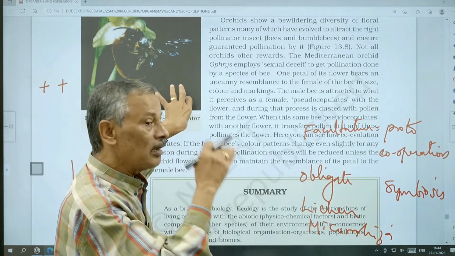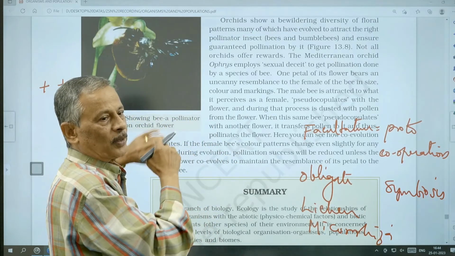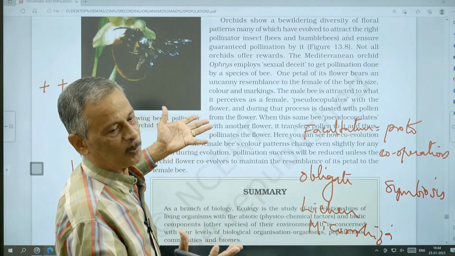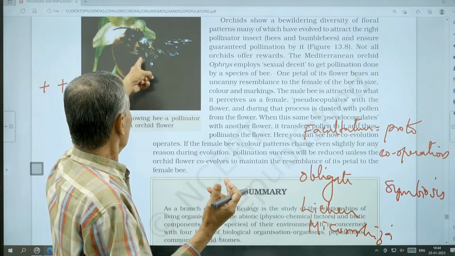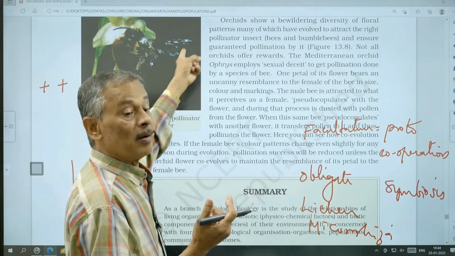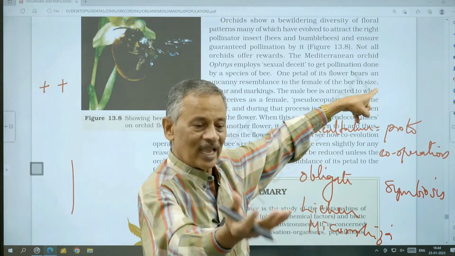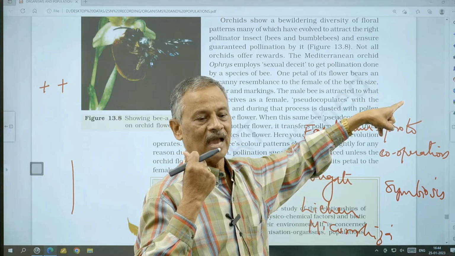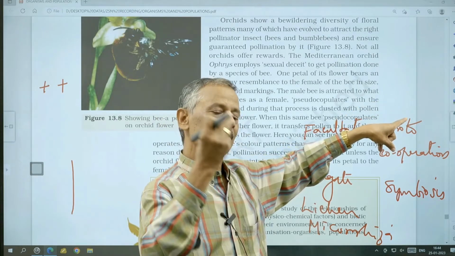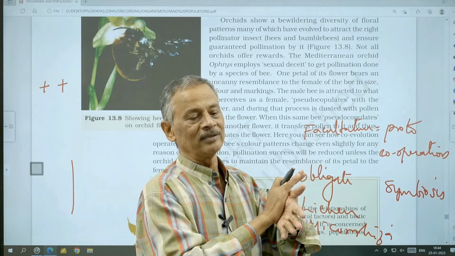It will immediately come and try to copulate. It is actually pseudo copulation. So the flower is mimicking a female. Okay, so that a male will be attracted, alluring mimicry, so that male will be coming and copulating.